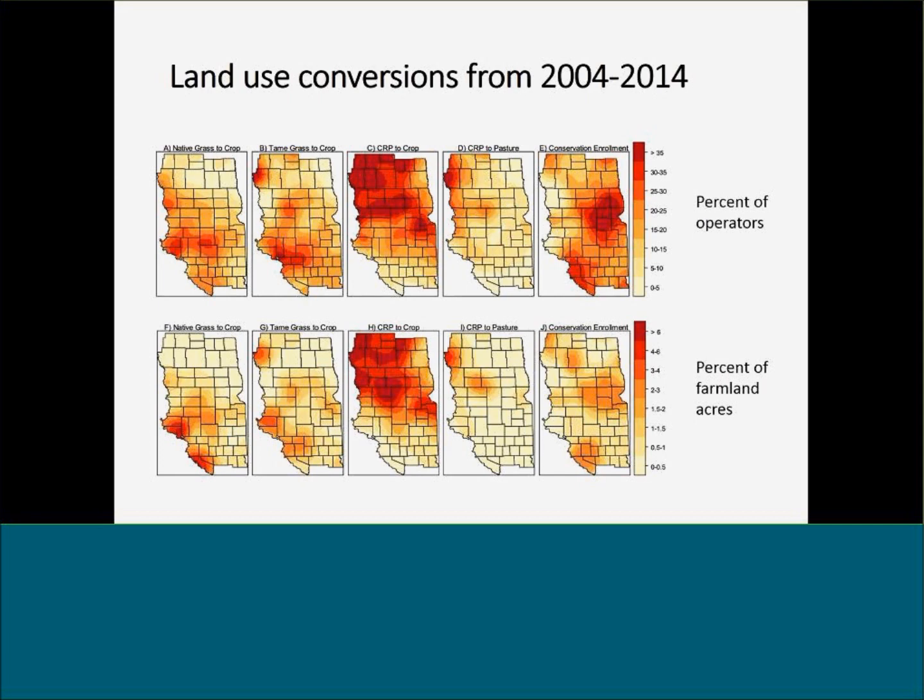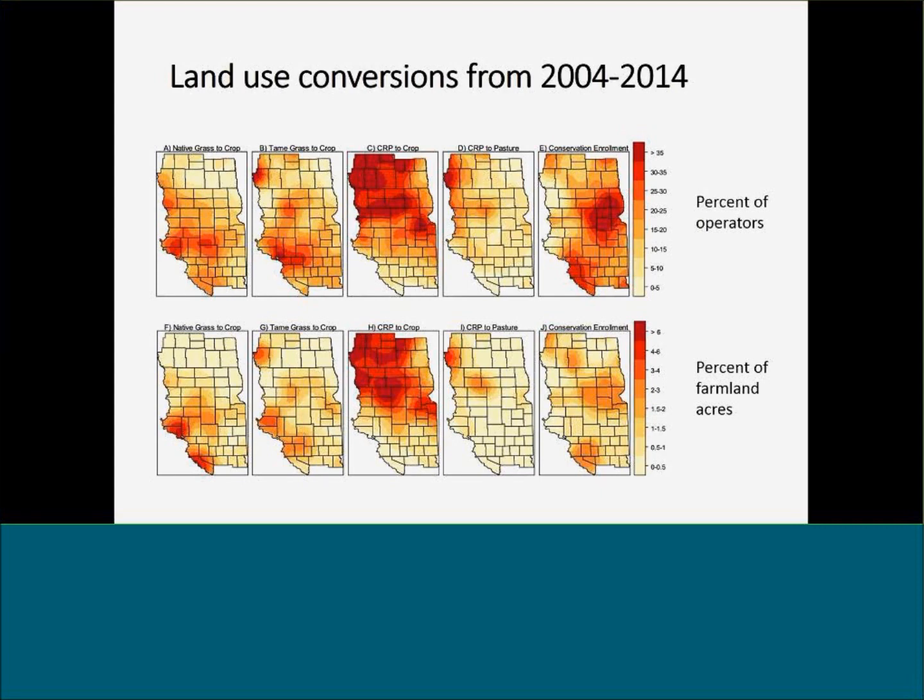So CRP conversion to cropland, North Dakota, the northern parts of South Dakota. There was also an interest in looking at producers who were taking land out of CRP and moving it into pasture as opposed to cropland. Not so much of that particular land use conversion, tending to be concentrated in just a few areas.